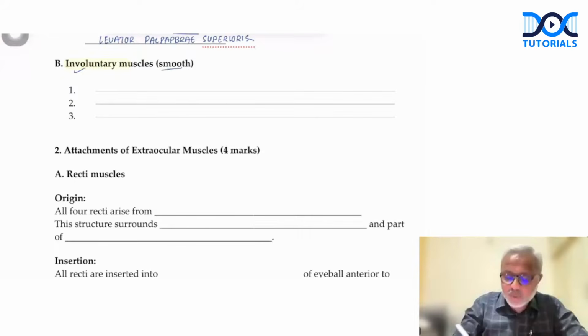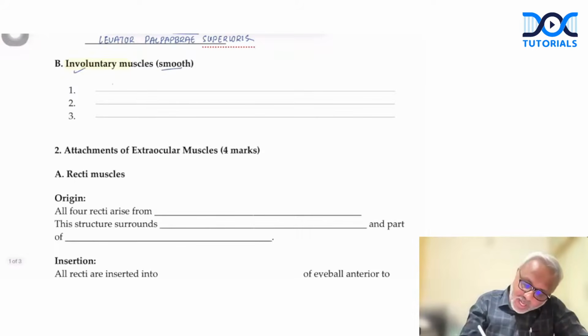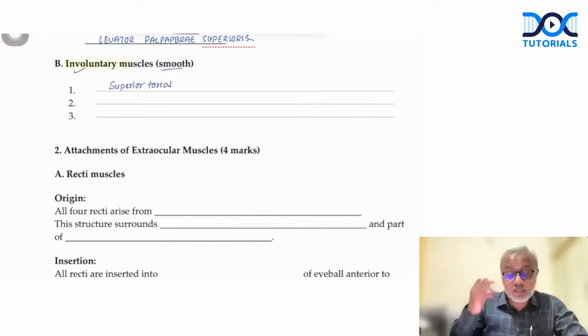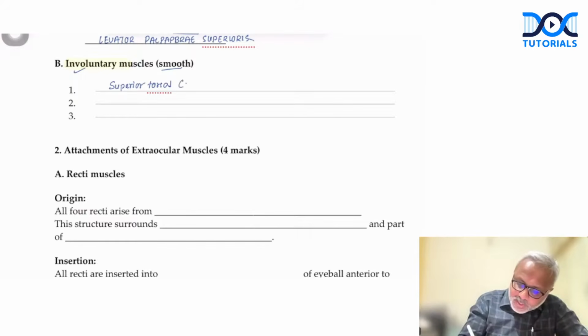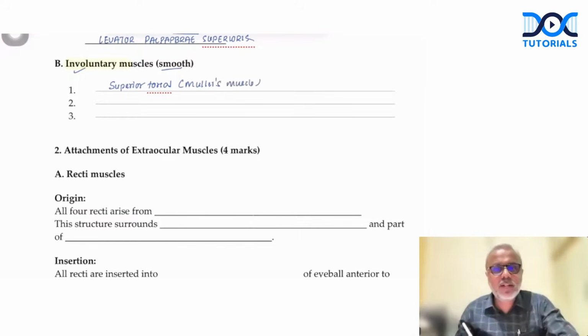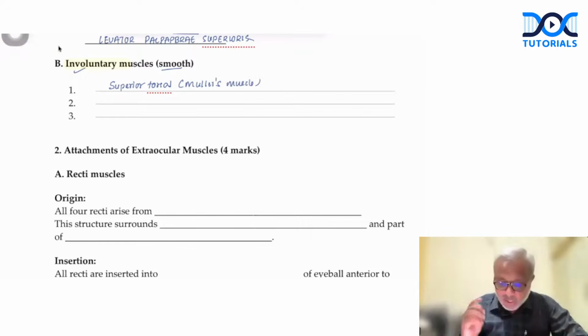These are smooth muscles, and one is the superior tarsal. Remember, these muscles are present within the eyelids, right? The superior tarsal is also referred to as Muller's muscle.